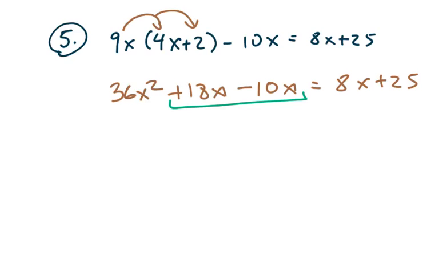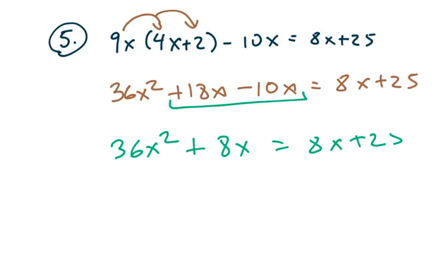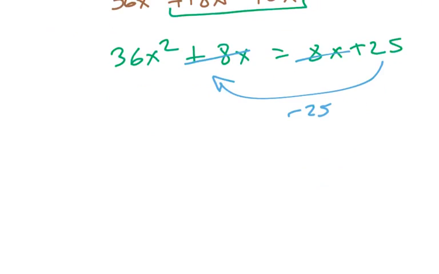So we write this as 36x squared plus 8x equals 8x plus 25. Now something nice happens here. The 8x and the 8x subtract out, and I'm going to move the 25 over here, so we're going to subtract 25. We're going to get 36x squared minus 25 equals 0.